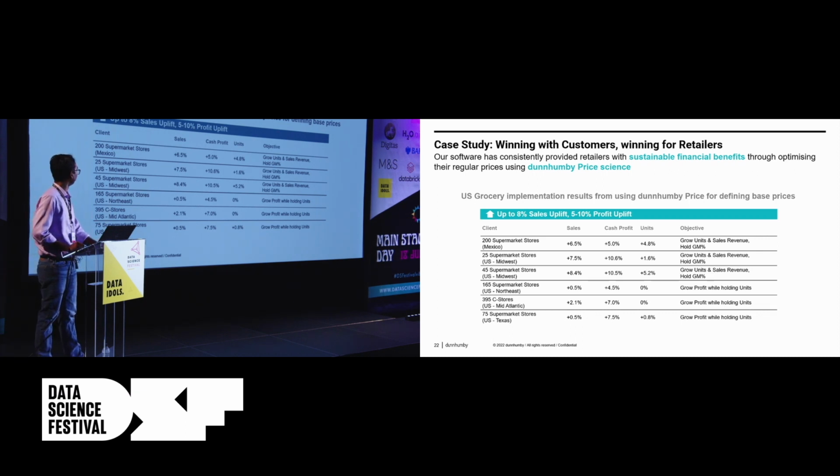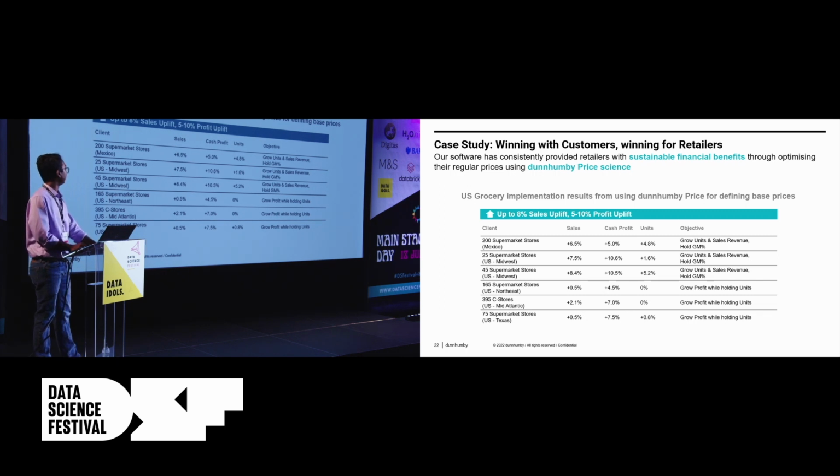We are working with some retailer who has only 25 supermarket stores. We are also working with some other retailer at the other extreme, where they have close to 400 convenience stores in the US Mid-Atlantic region. And in the last column, we are showing the different objectives that we are trying to achieve through our price optimization software for those retailers.